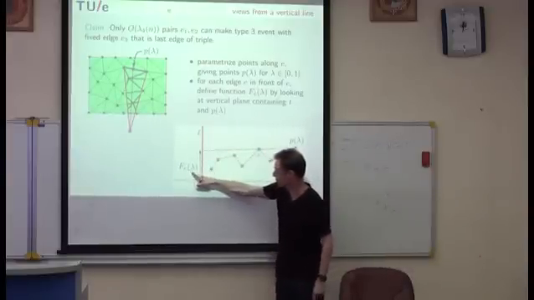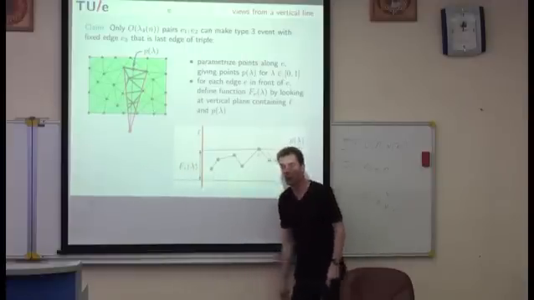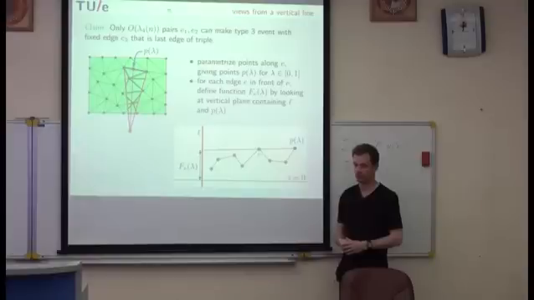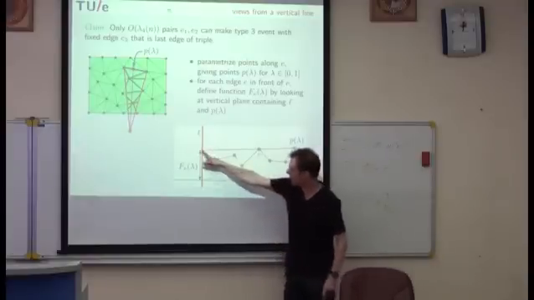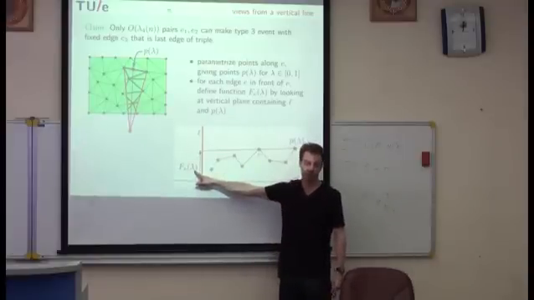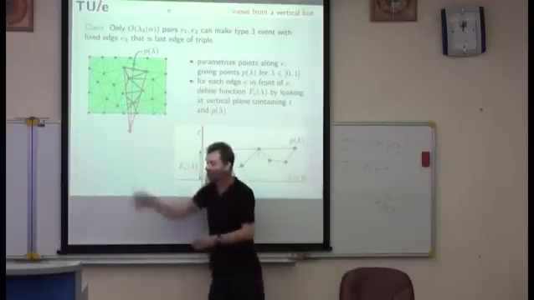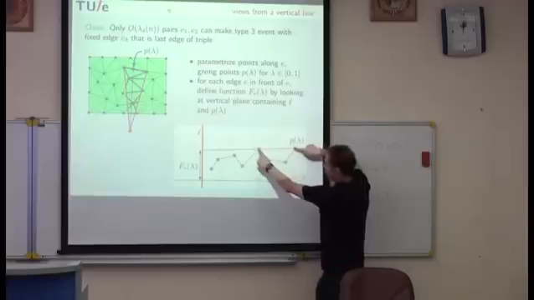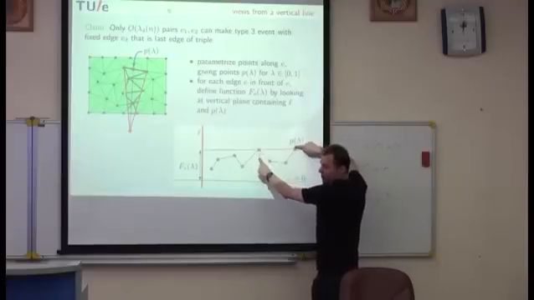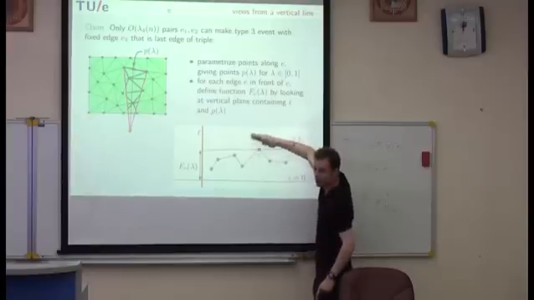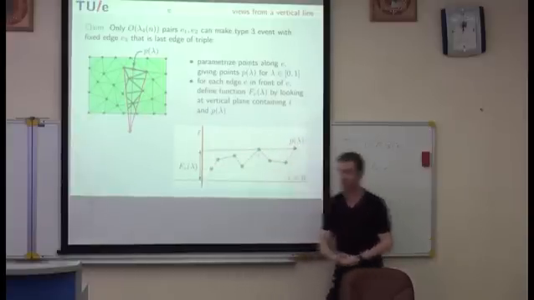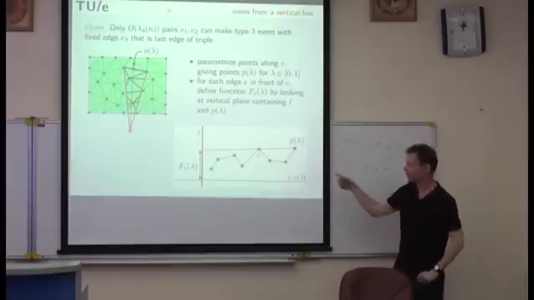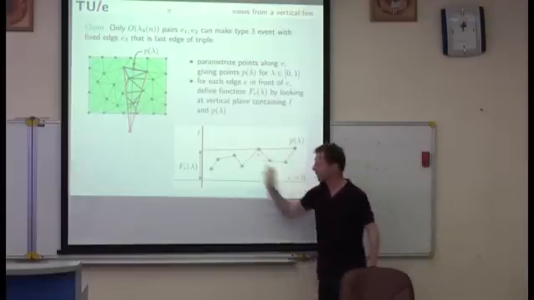This distance is going to be the function value for this edge. So this height depends on lambda. If I change this point, then this plane is going to rotate, so the heights are going to change a little bit, and I get different values here. So this is a function of lambda, and I can define such a function for each of my edges E.